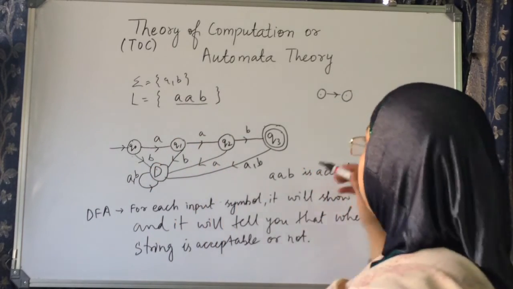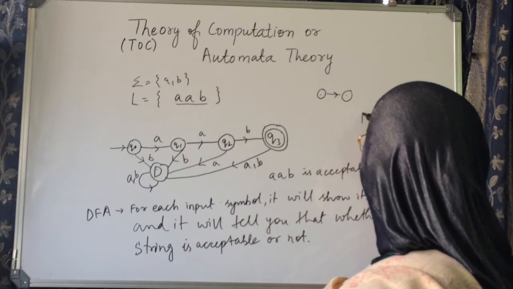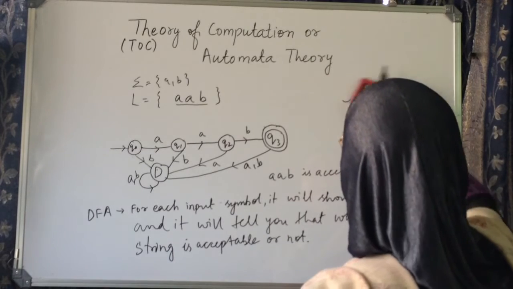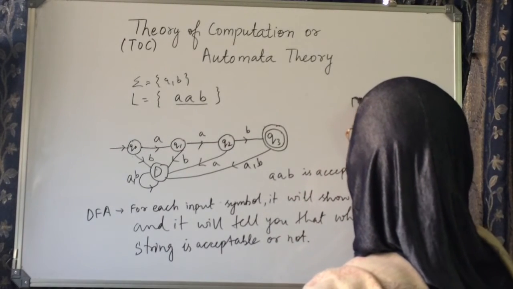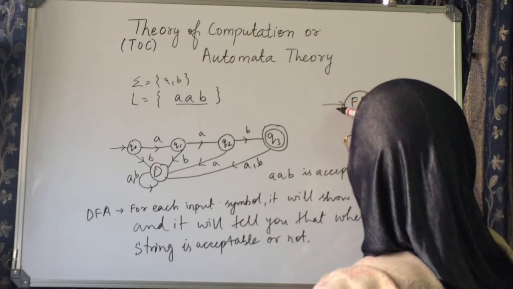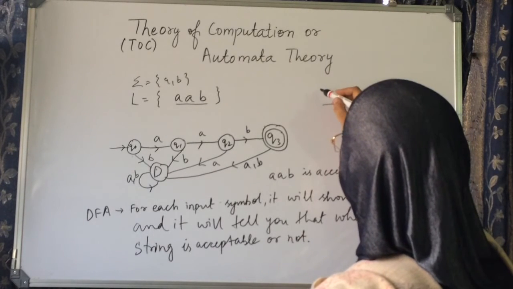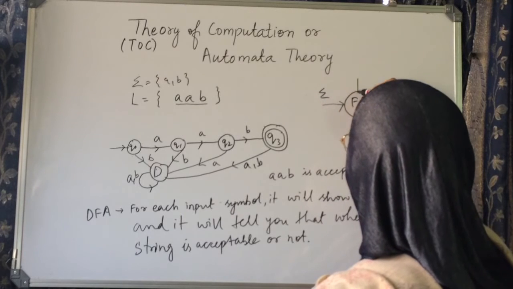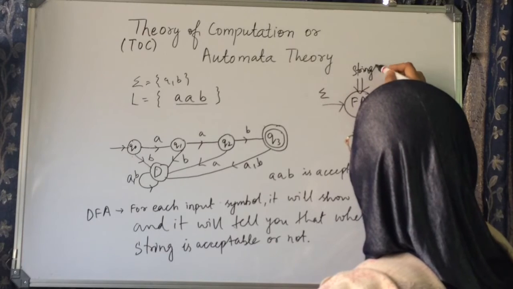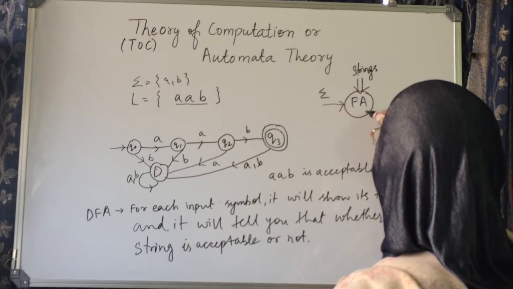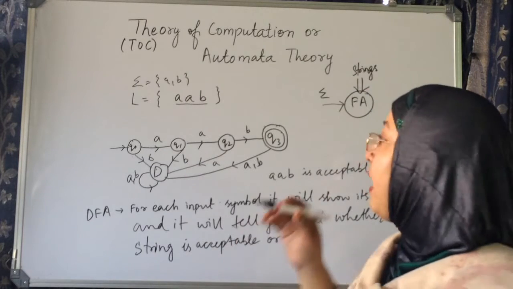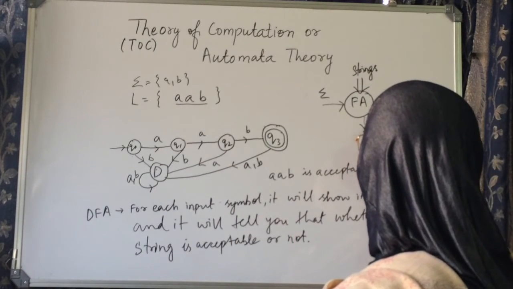Okay. So, finite automata: input symbols are given, strings are given, and these are given to the finite automata. And what does the finite automata give?